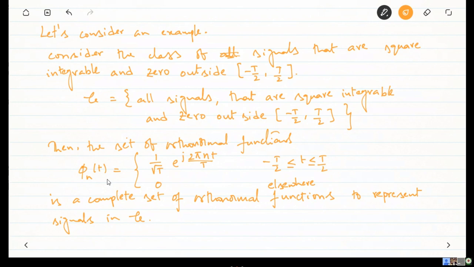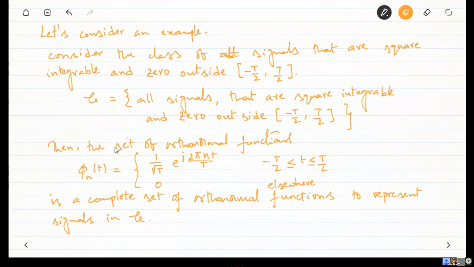So that's why this set of orthonormal functions is a complete set for any signal that belongs to class C.